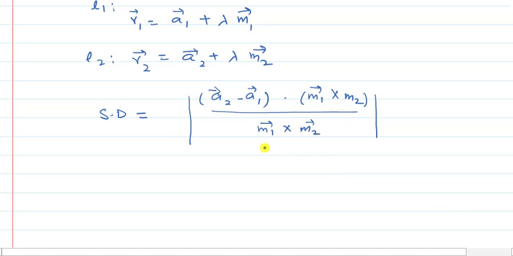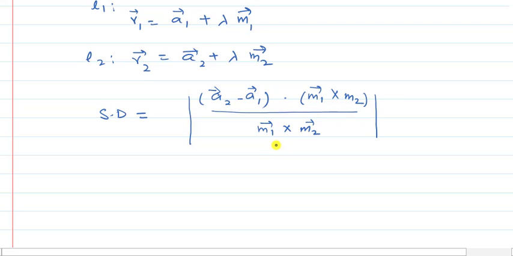So by using this formula, we can calculate the shortest distance between the two lines L1 and L2. Here it is simply the difference of passing points having dot product with the cross product of direction ratios of the lines, divided by the modulus of the cross product of direction ratios of the two lines.